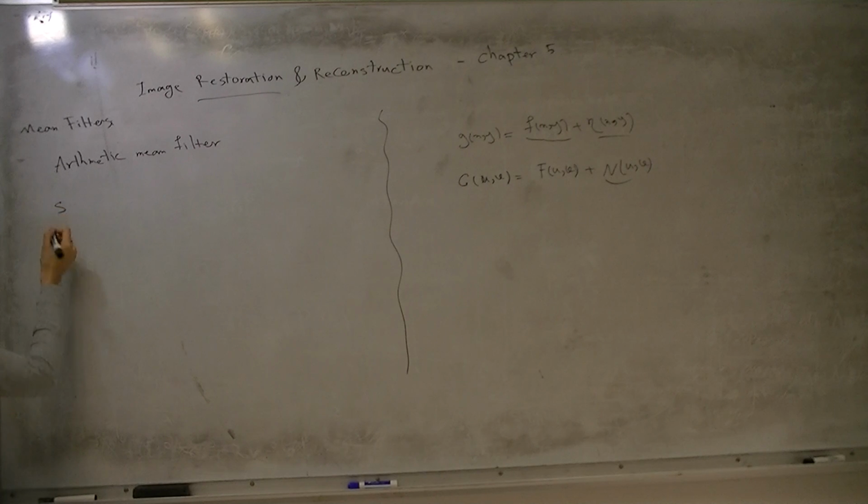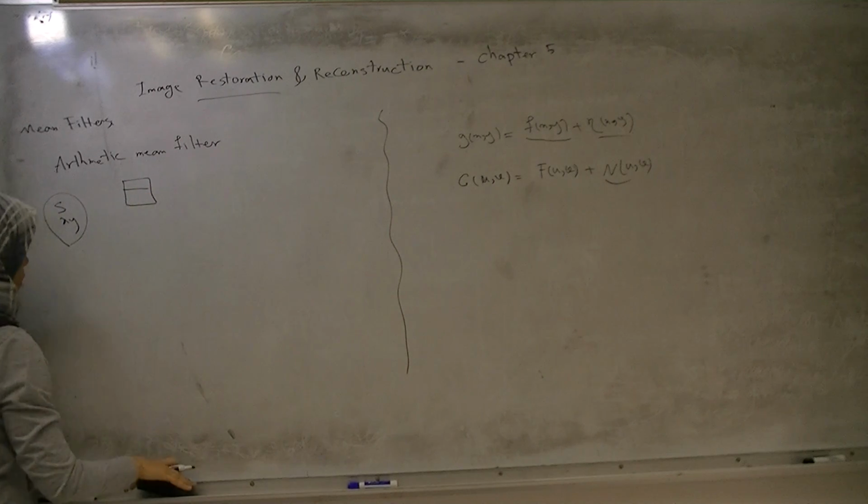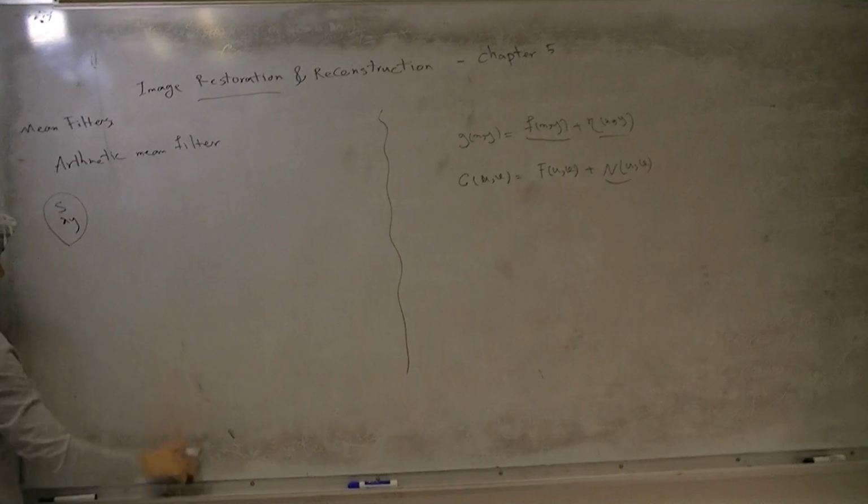So if we have the S, as I said, the S is the sub-image of the noisy image, and this one is the set of all of the x and y in that sub-image.